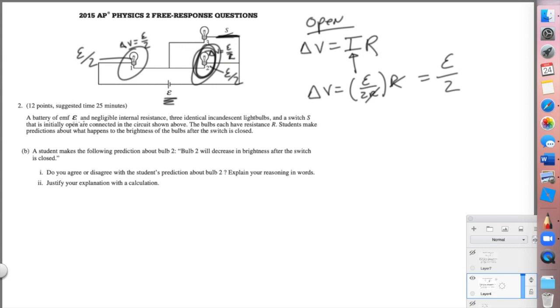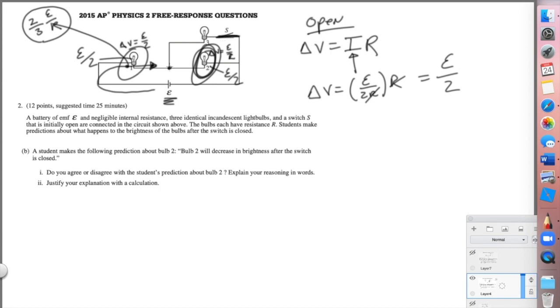So earlier in part A, we calculated that when the switch closes, the current coming out of the battery through bulb number 1 is going to change to 2/3 E over R. So we did this calculation already. So that's the current. 2/3 E over R is the current when the switch closes coming out of the battery.